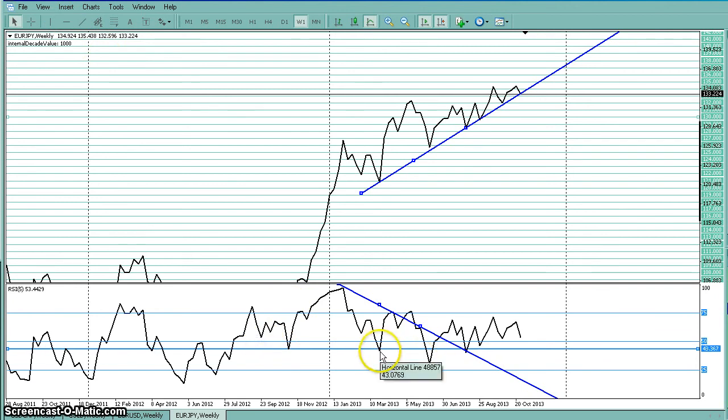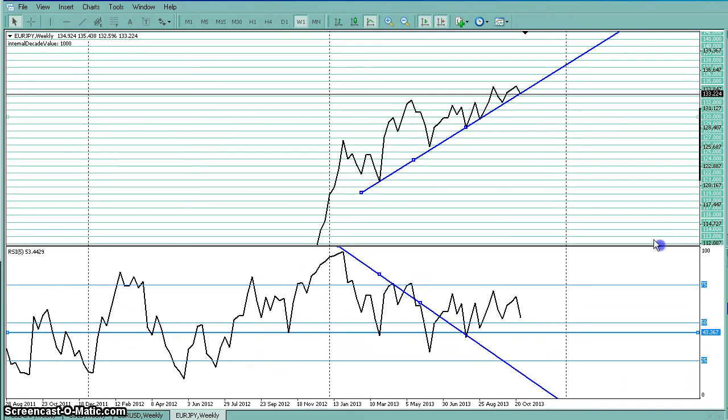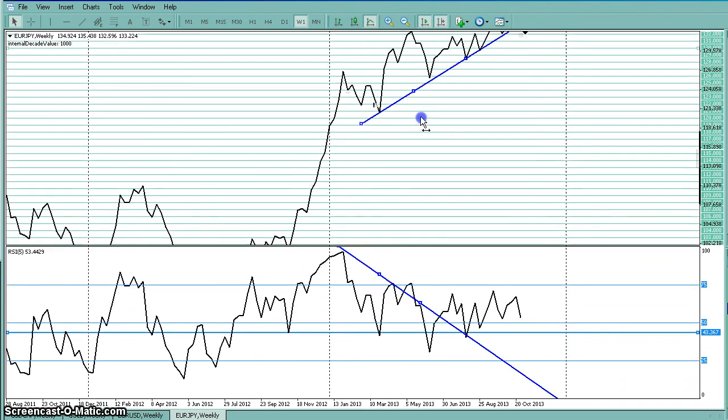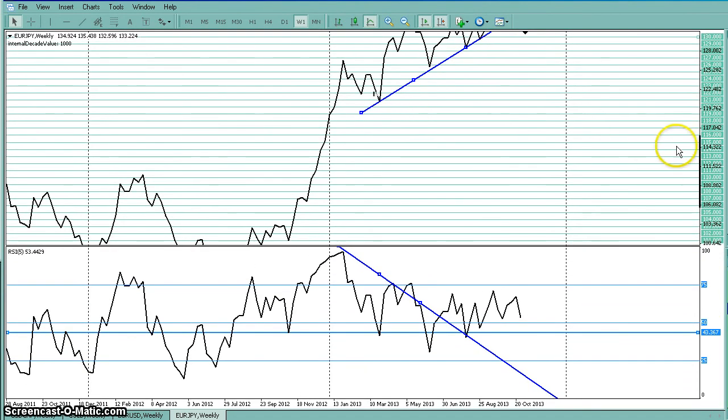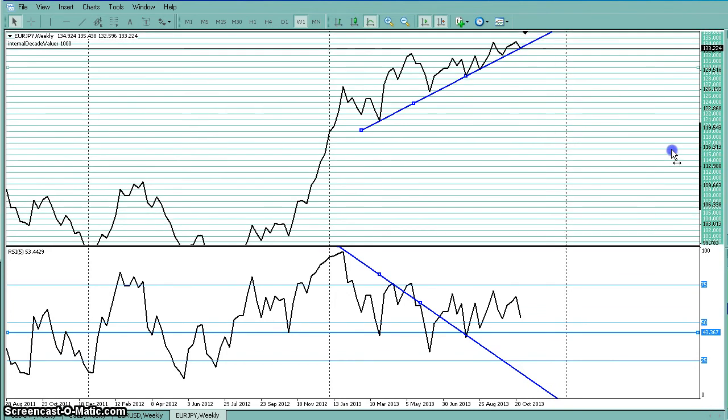This little dip below that price, I mean that number, and if you're going to compare it to the other low in RSI, which is way back here, that's where that data point is coming from.